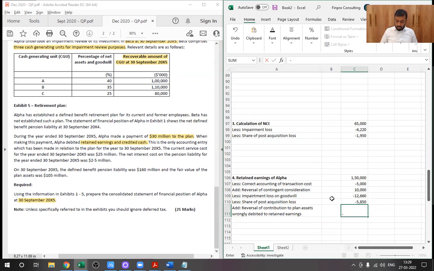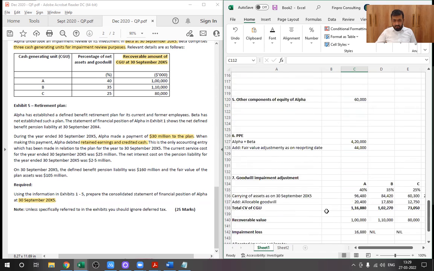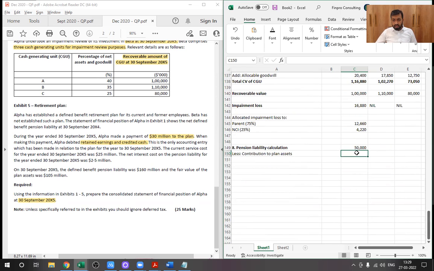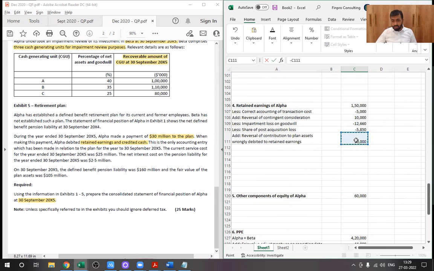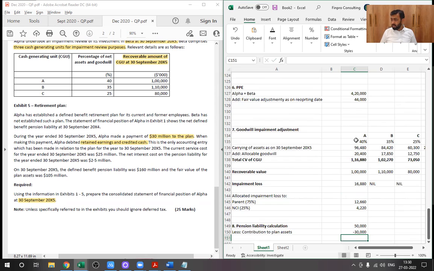How much is that amount? I have to add it back, 30,000. My retained earnings will increase to that extent. The same effect I'll have to give in this. My net liability will reduce because of this. Correct?